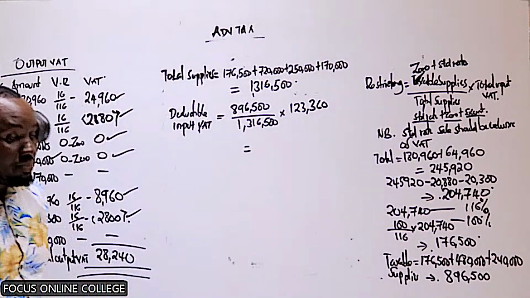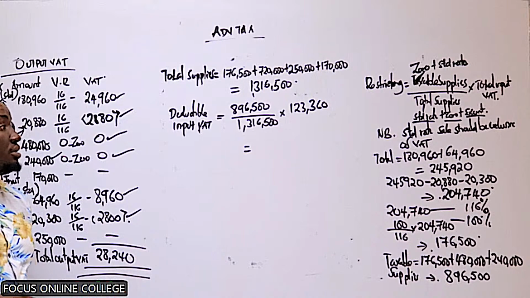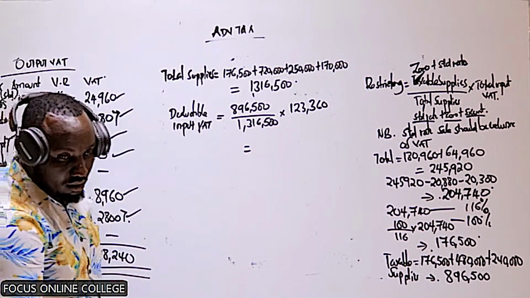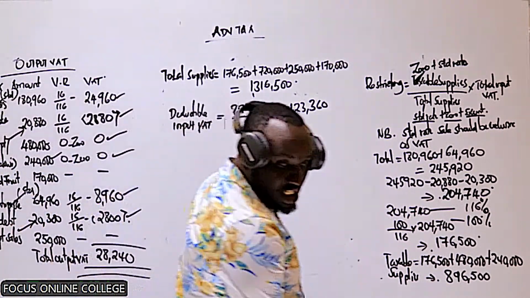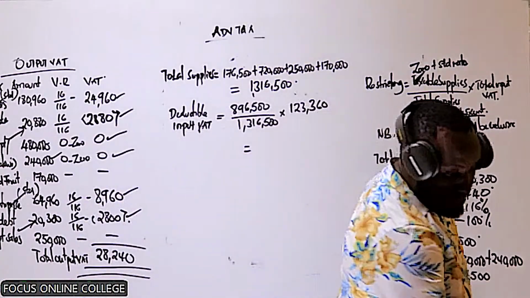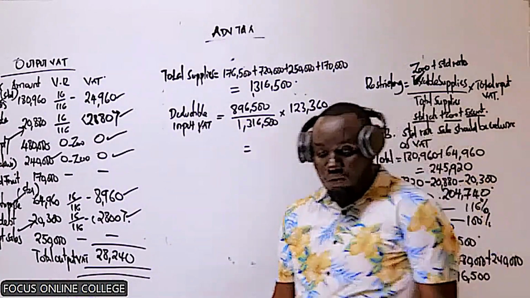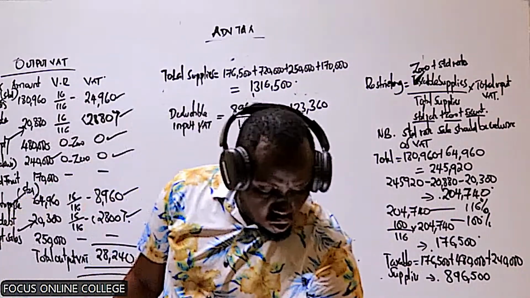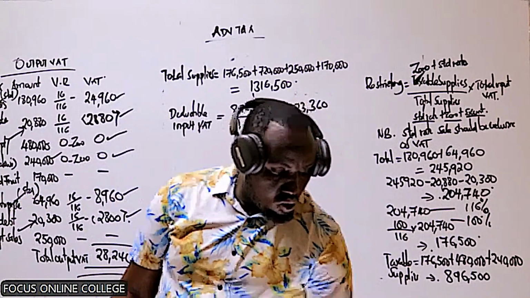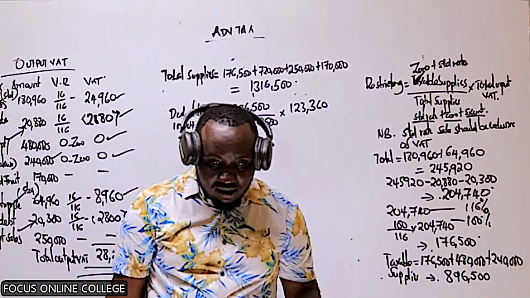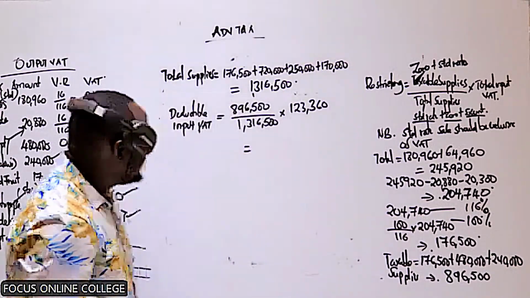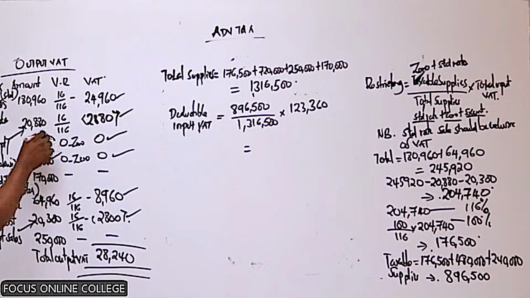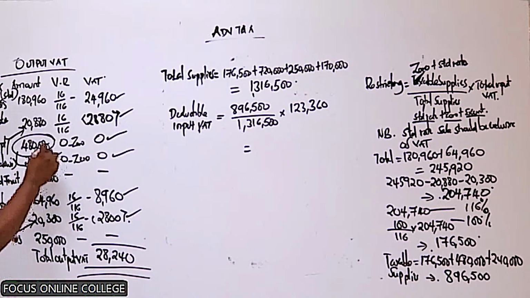So what is the deductible? Give me the deductible input VAT. Zero rated for 80 plus 240, that is 720.